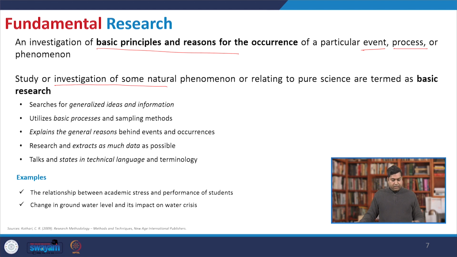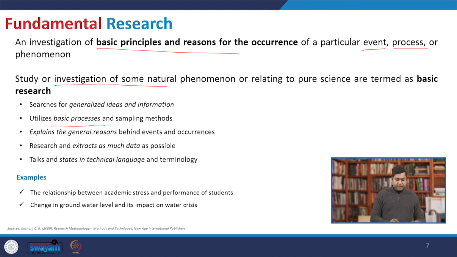Now some of the characteristics of this fundamental research: it searches for generalized ideas and information. It has a broader perspective, unlike applied research, which is much more focused on solving a practical problem. It utilizes basic processes and sampling methods to come up with the solution.